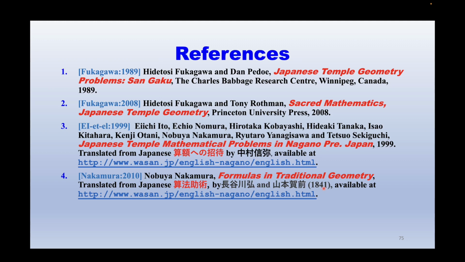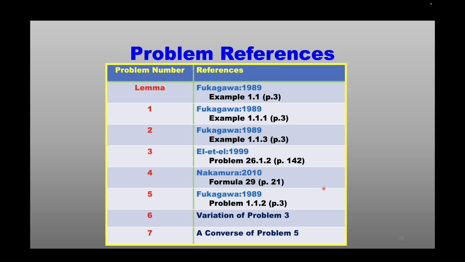The correspondence between these book problems and the problems discussed here are as follows. The lemma is taken from 1989 Fukagawa's book. Problem 1, problem 2 are also from Fukagawa's book. And problem 3 is taken from the Nagano Prefecture problems.